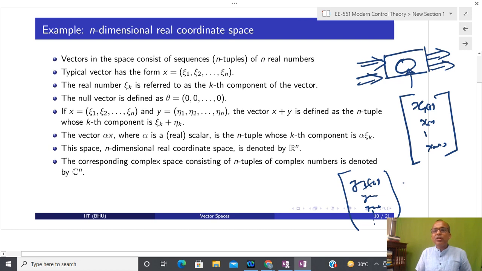Now suppose I have to manipulate this initial condition, and make sure whether this is a vector space or not.